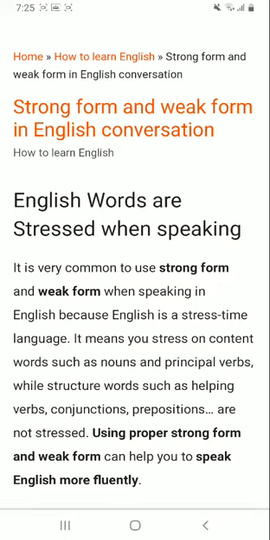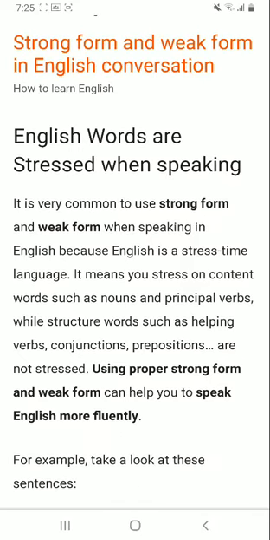So you girls are very clear with word stress. In this topic we are going to see what is the weak and strong form of stressing a word.